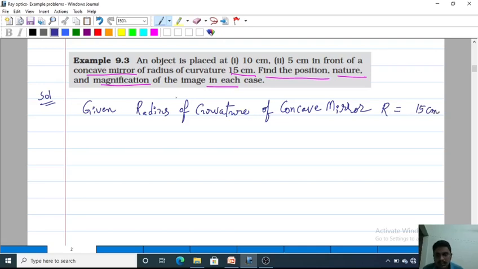Okay, for a concave mirror radius of curvature is taken as negative, for a convex mirror it is positive. Why? Because this distance is measured against the direction of the incident light.